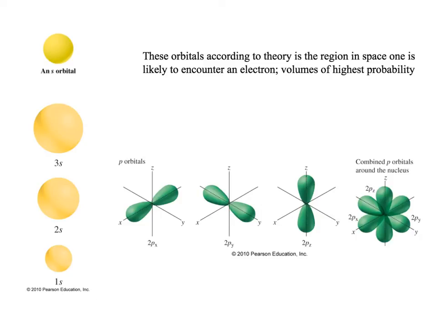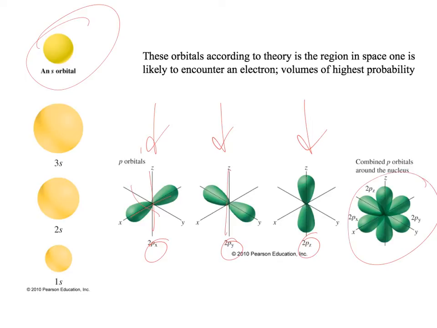As I said, the S, the P, the D, the F are all different, and they're different in shape, too. This is an S. An S is a sphere. The P goes on the 3 axes, the X, the Y, and the Z. They're separated here just to show you, but really the X, Y, and Z axes in 3-dimensional space overlap.